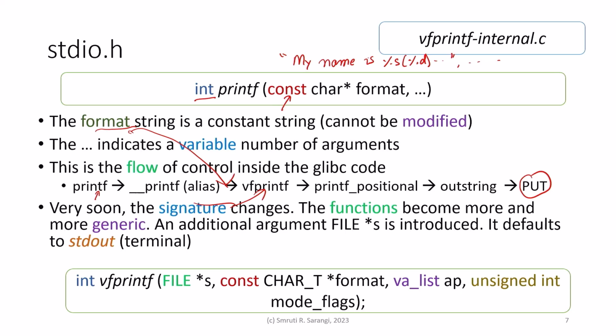For example, by the time you reach the vfprintf function, things actually become bigger, in the sense that if you look at printf, what exactly is it printing to? It is printing to the terminal, right? The terminal is represented as a file in Linux.